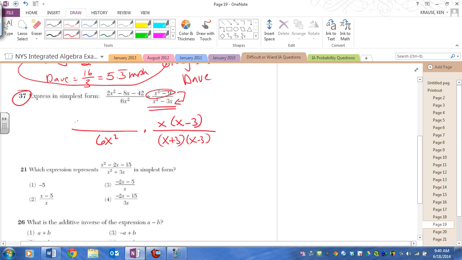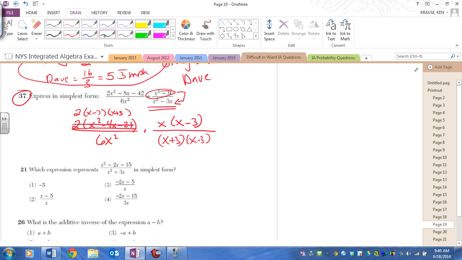Notice they're all even. So I can take out a 2, and I'm left with X squared minus 4X minus 21. But then that can be factored, so I'll just factor this. X minus 7 and plus 3. You have to add up to negative 4 and multiply to negative 21.